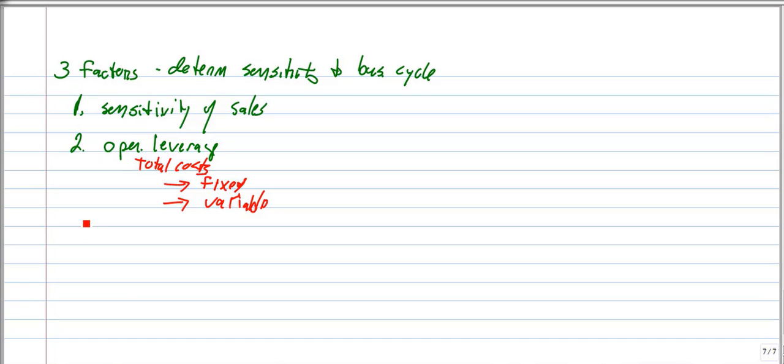The third factor they talk about is financial leverage. Okay. And financial leverage is similar in a way to operating leverage, because operating leverage had to do with the level of fixed cost versus variable cost.